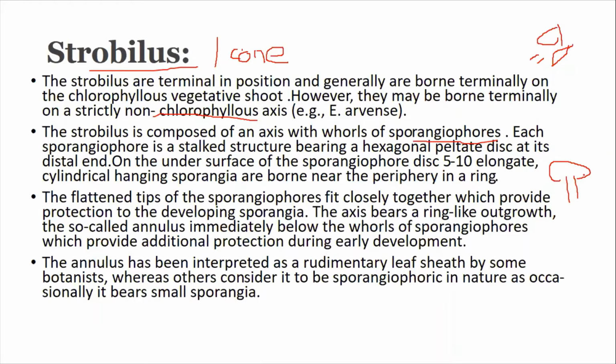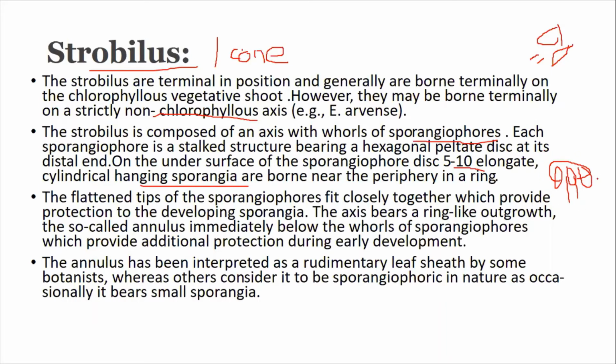In this you can see the sporangia hanging near the ring of this peltate disc. Around 5 to 10 elongated cylindrical sporangia can be seen around this disc ring.